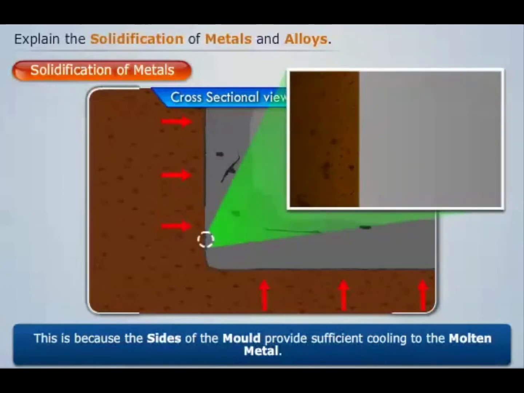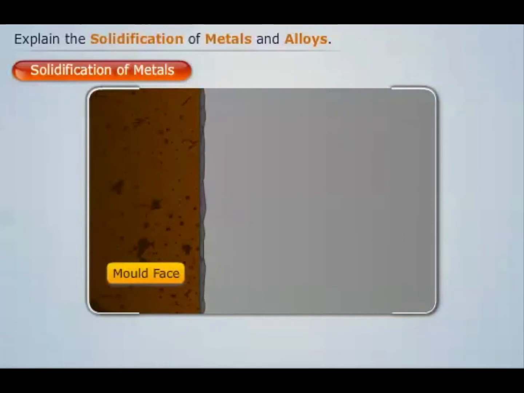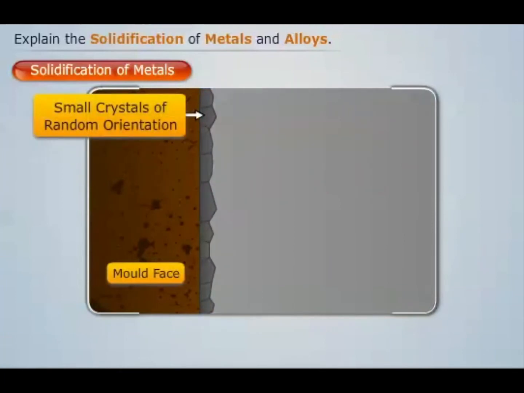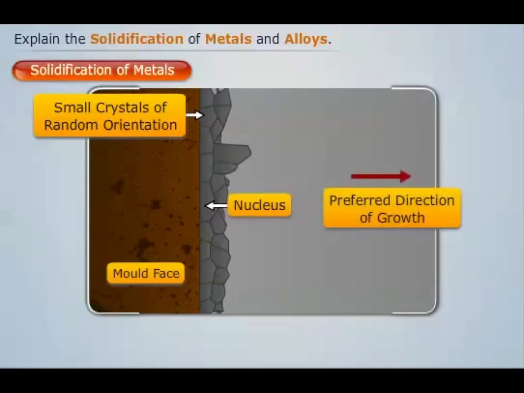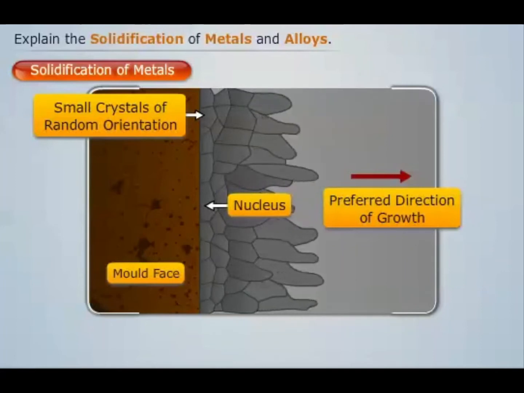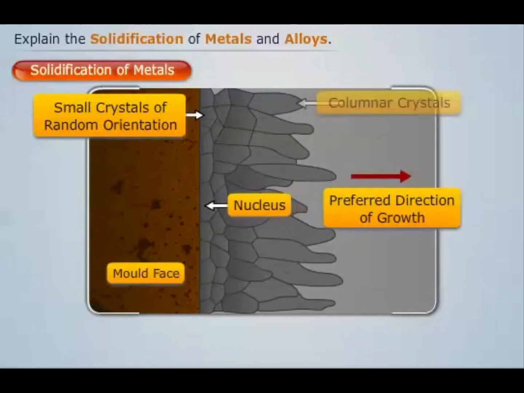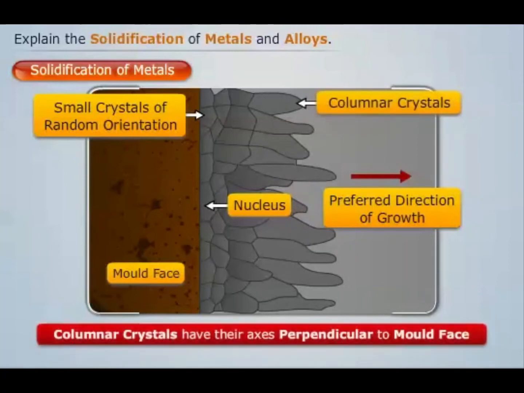After some time, we see that the molten metal solidifies in the form of randomly oriented crystals. The region where the crystals are formed acts as the production area and is called the nucleus. When the molten metal solidifies further, we see that the shape of the crystals changes to long columnar crystals, having their axis perpendicular to the sides of the mold.